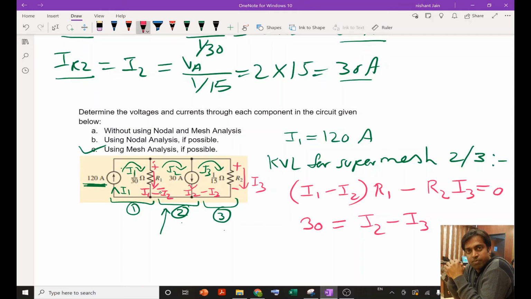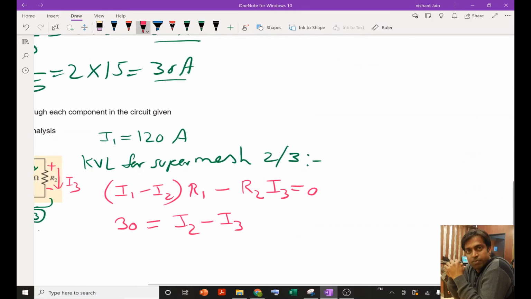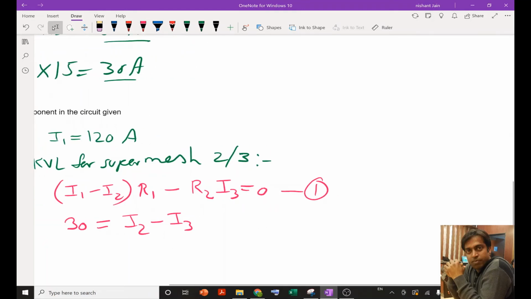Now solving equation 1, I will get I1 is 120 minus I2. From the other equation, we can put the value of I2 as 30 plus I3.